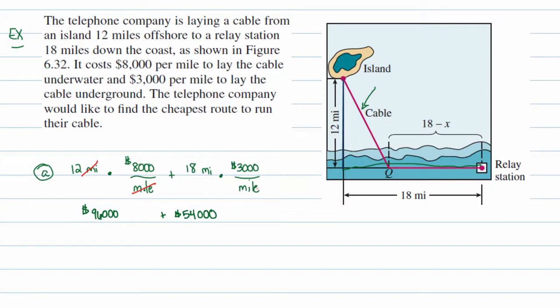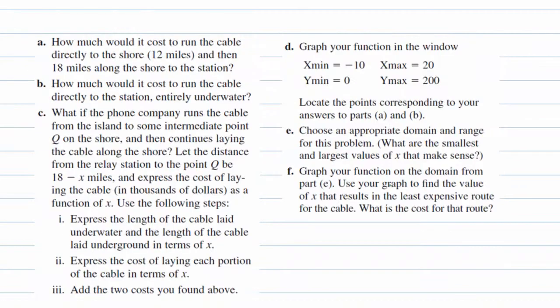Oh, and by the way, yes, the words miles back here also cancel. So 18 times 3,000. So altogether, it's going to cost us, what is that, $150,000? $150,000. Okay, that's how much it would cost to lay it if you went in perpendicular directions.